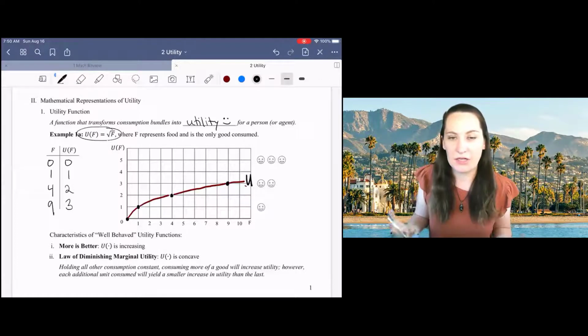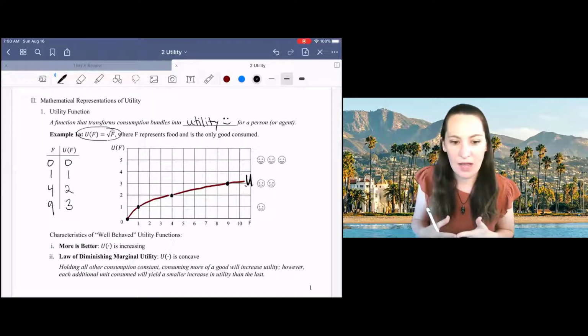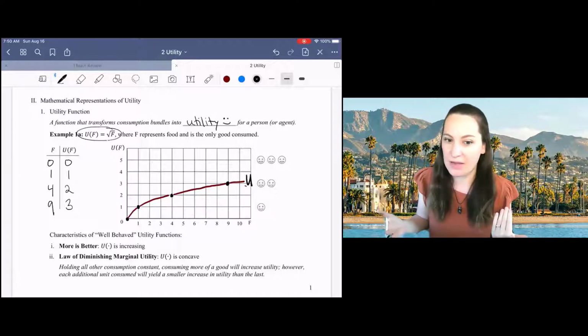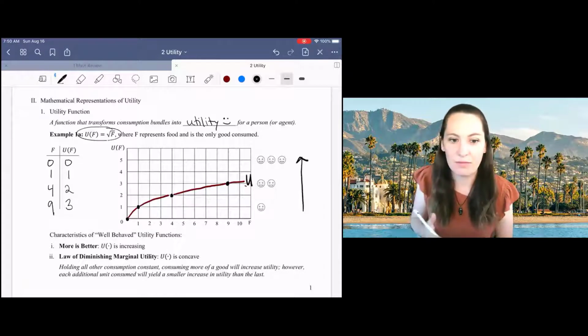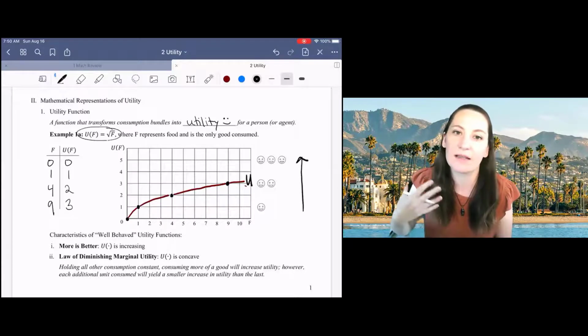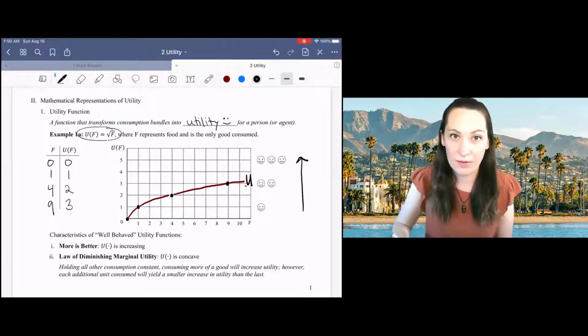Looking at this picture, I see that as I consume more food, I get happier, right? More utility means more happiness. More food gives me more utility, gives me more happiness. That's the kind of monotonicity requirement here.